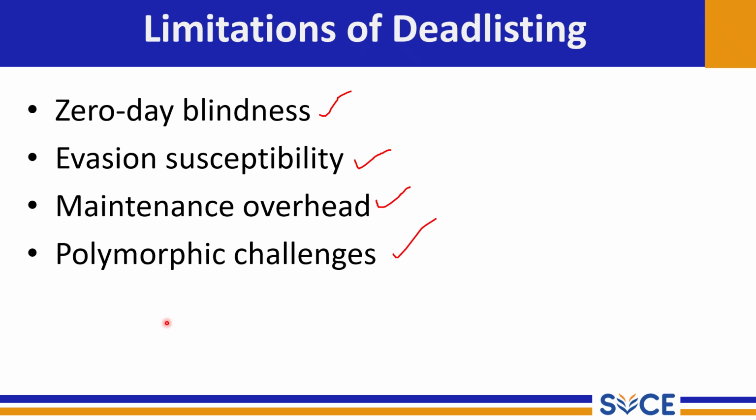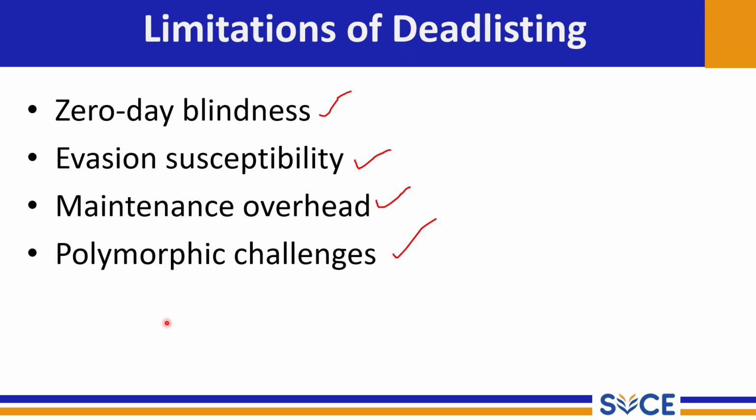And polymorphic challenges: malware that changes its signature can evade detection. So this all comes under the limitations of dead listing. These are the common limitations of dead listing.